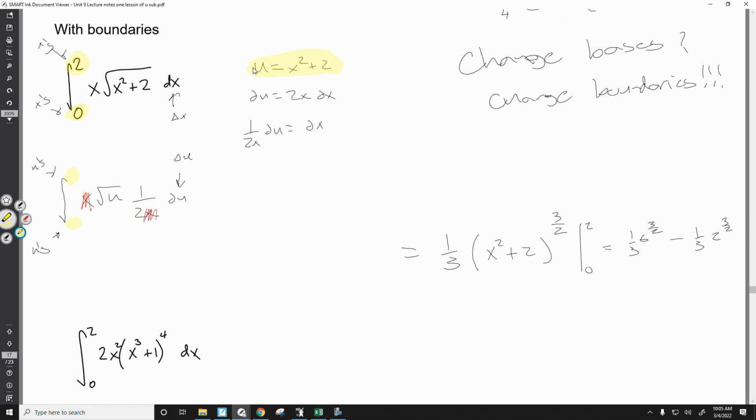I have connected my x's to my u's using u equals x squared plus 2. You can use u equals x squared plus 2, plugging in your x's, you get u's 2.